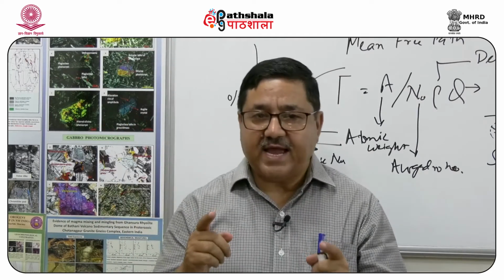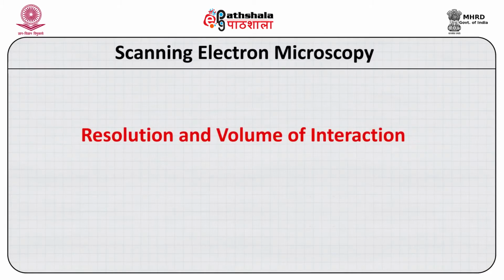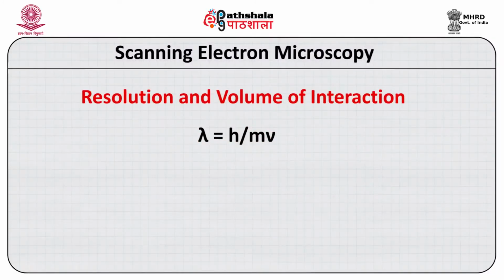Now, we will look at the resolution of the incident electron beam. I mentioned earlier that the investigation by a beam is related to its wavelength, that is, equivalent to half its wavelength. Now, when we try to analyze the wavelength of an electron beam, it can be expressed by this relationship, which relates Planck's constant and momentum of the particle. The wavelength becomes related by this equation.